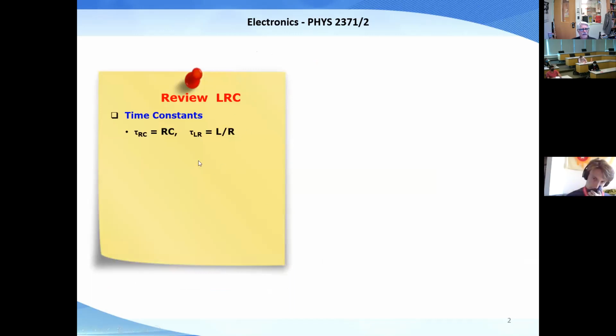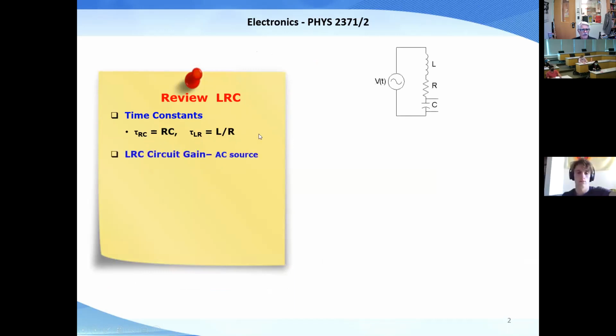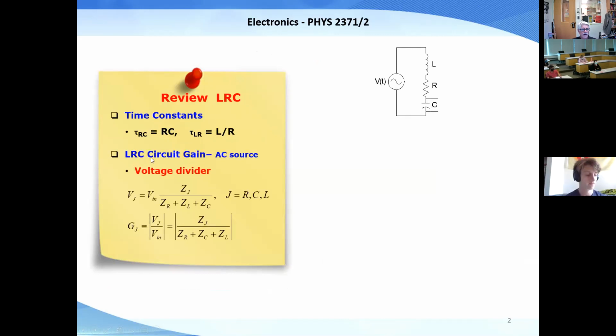Okay, the LRC circuit. That's a very important thing. We learned about 2 time constants, tau: the RC time constant and the LR time constant. And we found that you can analyze a circuit using impedances.